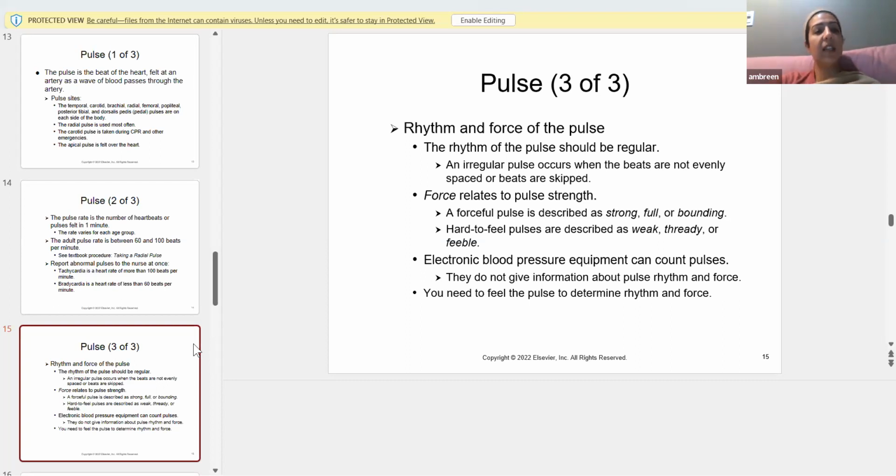We have electronic machines that do pulse automatically. But just for your information, you can always double check it by putting a hand and counting. As I mentioned, count it for 15 seconds and multiply it times 4, because in a minute, how many 15-second periods are there? 4. So it should match the numbers on your electronic machine.